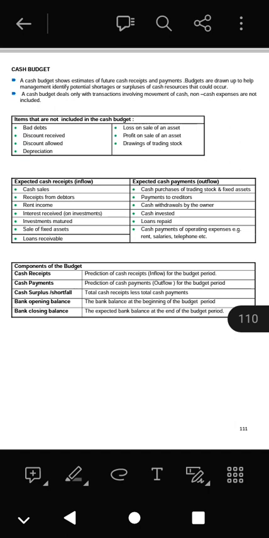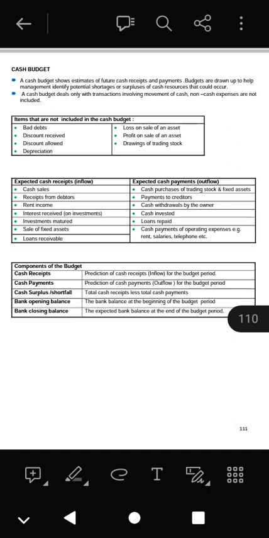Rent income, interest received on investments, like a fixed deposit investment that has matured, sale of fixed assets, and loans receivable. So all these actually make up what you call the inflows of cash in the cash budget, or receipts.